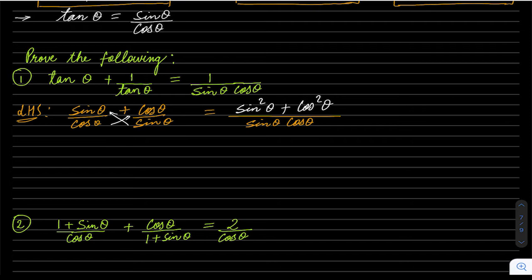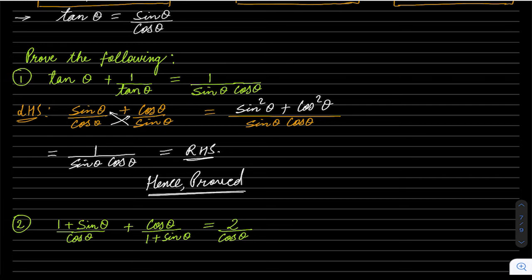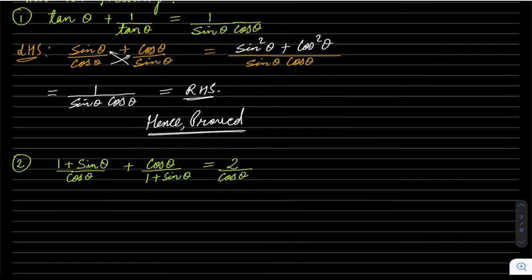We already know sine square theta plus cos square theta is 1. So in the numerator we will get 1, and the denominator is still the same, sine theta cos theta, which is nothing but RHS, which we had to prove. So hence proved. This is how we prove these identities. Okay, let's try some more questions on this.